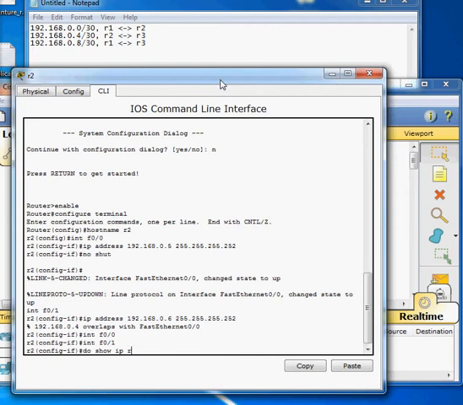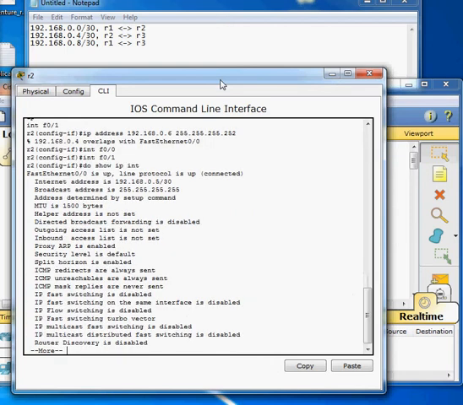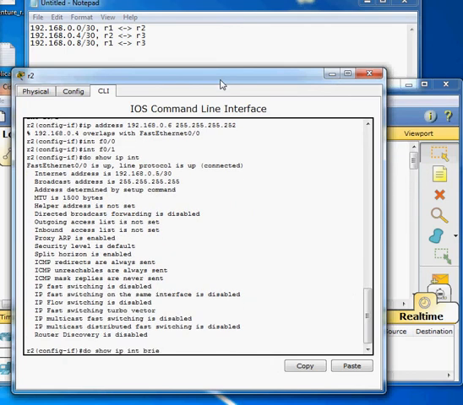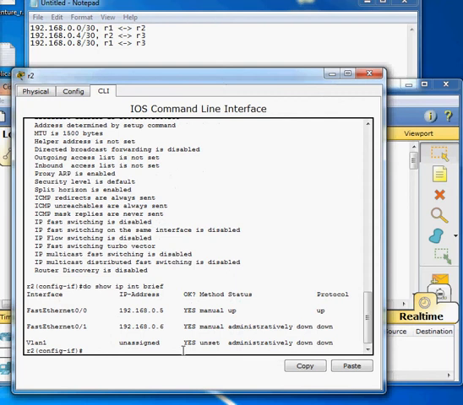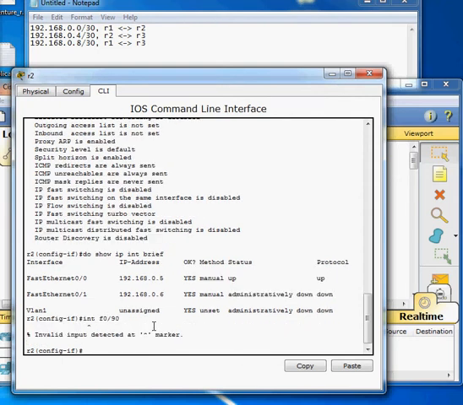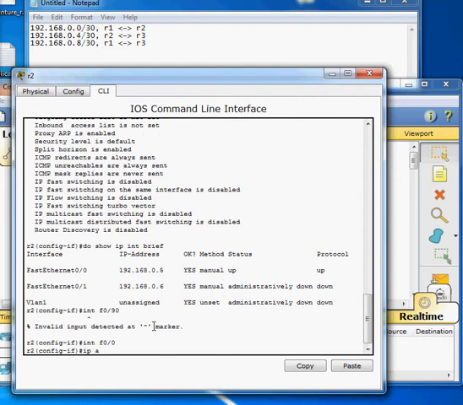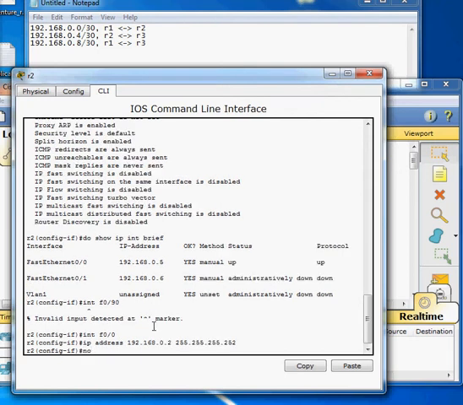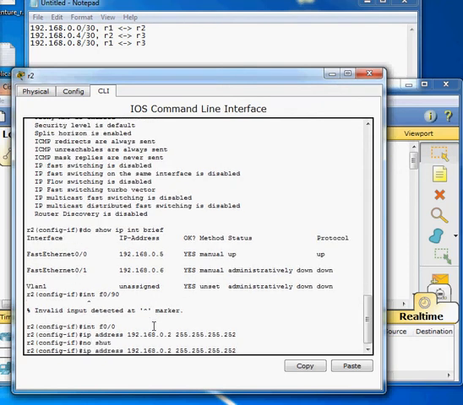Show IP int, whoops, brief. Okay, so it looks like I made a mistake here. So F00 should be (680.2) and 01, which is already correct.